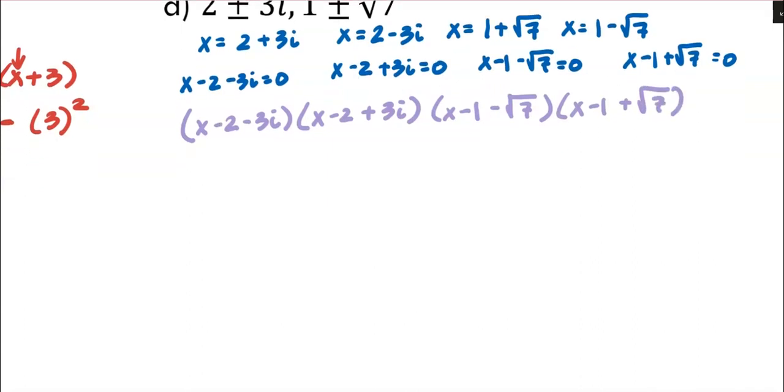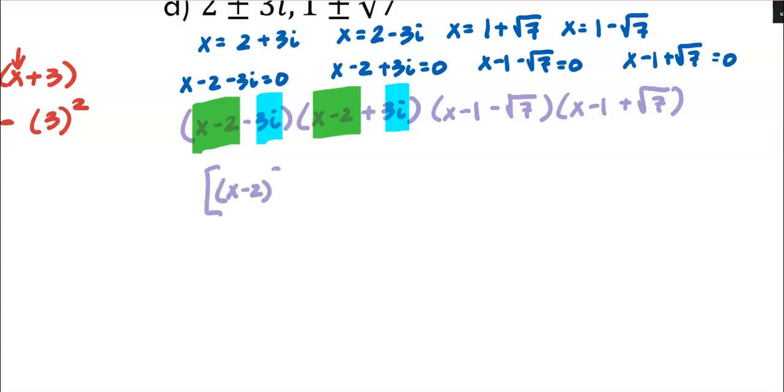Now, once again, we can take the x minus 2 and the 3i and the 3i, and group those two together. And so you end up with an x minus 2 squared, difference of the 3i squared.